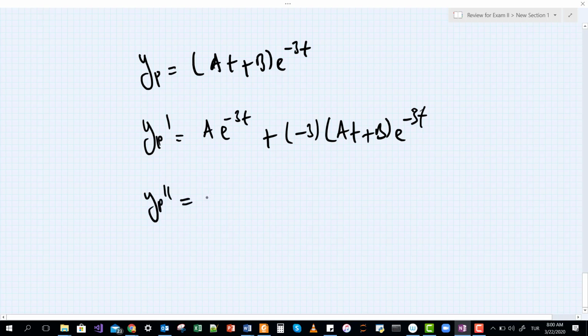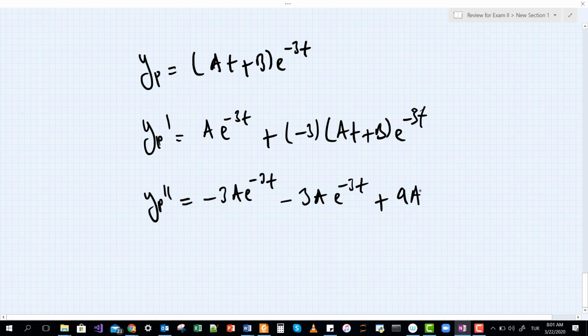My second derivative is going to be equal to negative 3a e to the negative 3t, and another negative 3a e to the negative 3t, and also I need to multiply by negative 3 since I'm taking the derivative of this part.